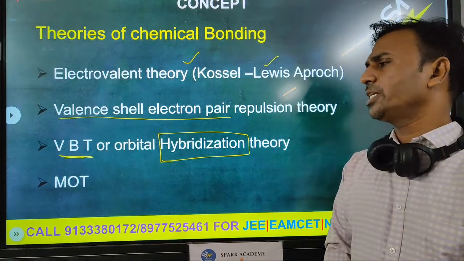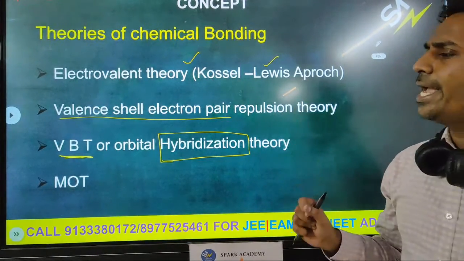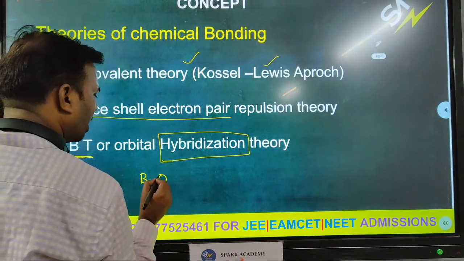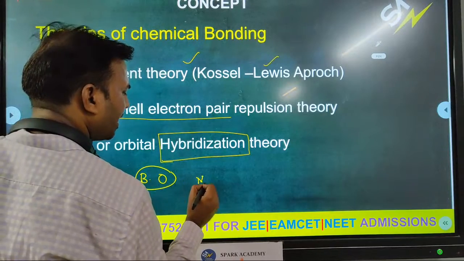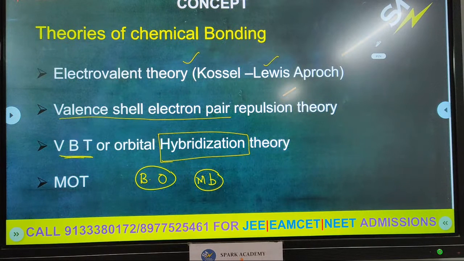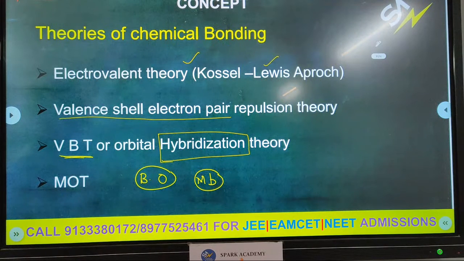In our next session, we will see what molecular orbital theory is. The earlier theories could not properly explain the bond order of molecules and magnetic behavior. But after these theories came molecular orbital theory, the last theory in chemical bonding. It explains the bond order of any molecule, and at the same time the magnetic behavior, whether a given molecule is paramagnetic or diamagnetic.